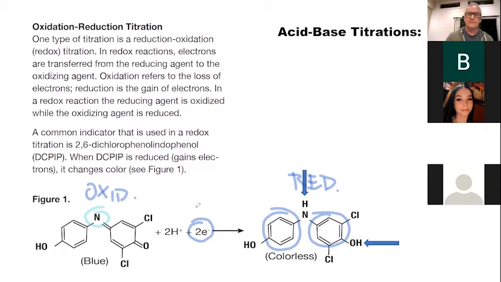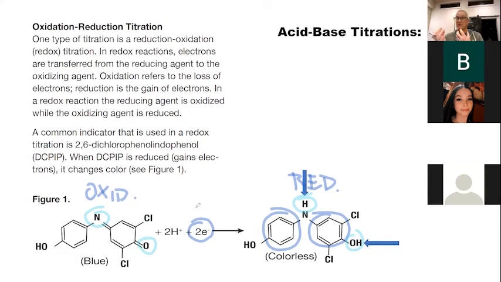This nitrogen gets reduced, and this oxygen gets reduced. So each of them gets an electron. So you can see where before the nitrogen had a double bond, now it has 3 single bonds and a hydrogen. So hydrogen typically goes where the electrons go to balance out the charge.